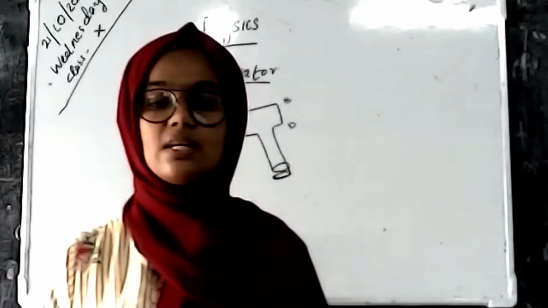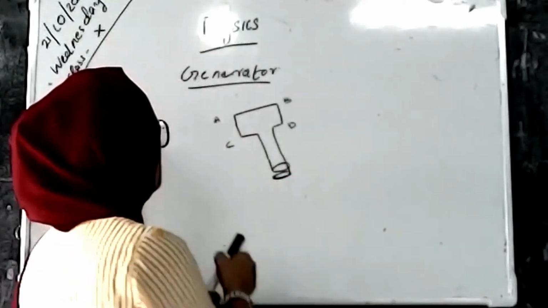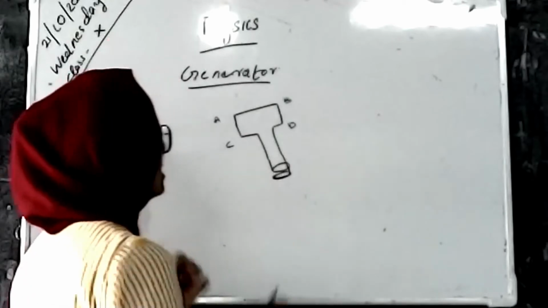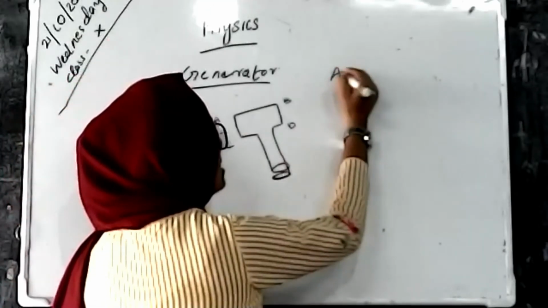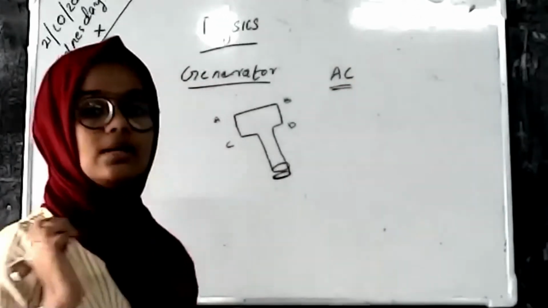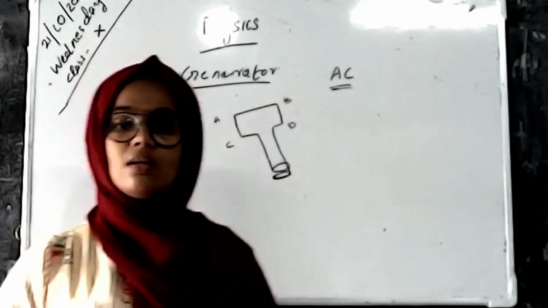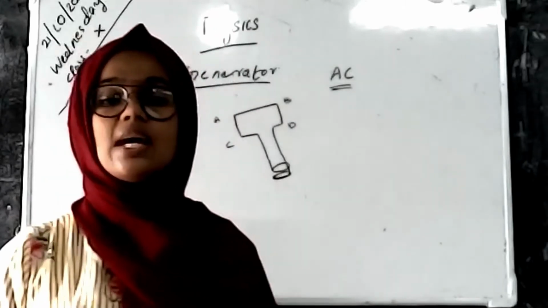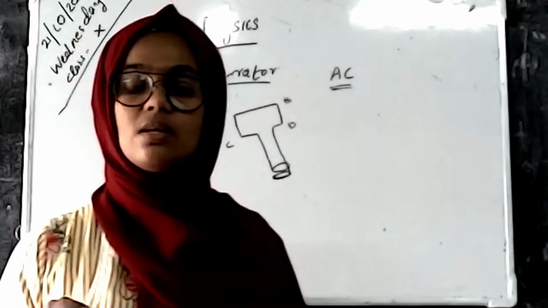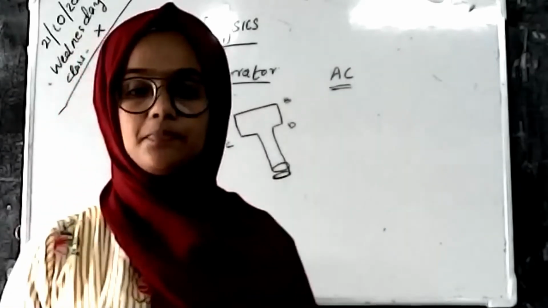And here we are discussing a DC generator. Sorry, an AC generator. An AC generator produces AC current, that is alternating current. What is alternating current? The current that changes its direction in an interval of time.